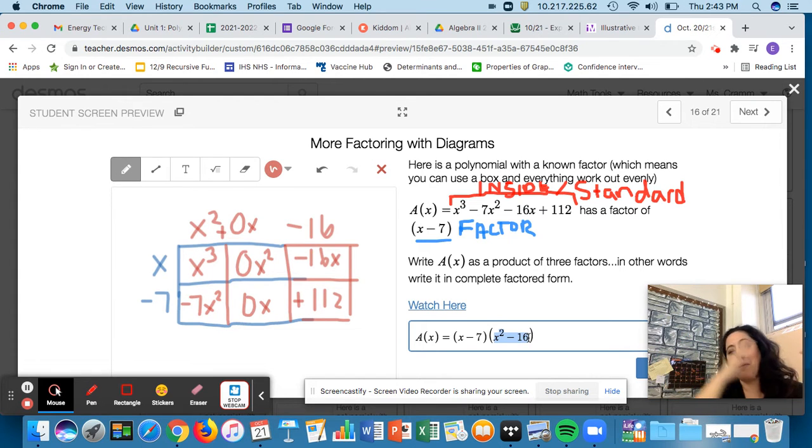And then when I multiply it by x minus 7, it turns into a cubic, right? But if I'm just looking at what's inside the parentheses, I have x squared minus 16. The thing is, just like the greatest common factor where we took out that 3 earlier, you can factor x squared minus 16 more. Okay, so I am going to erase what is here.